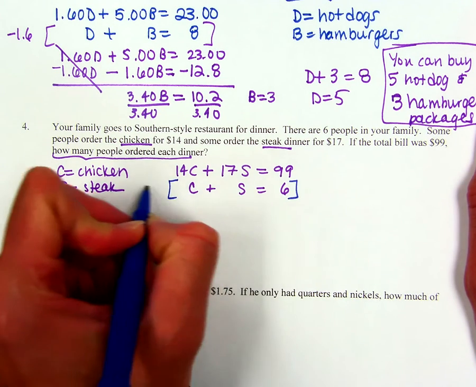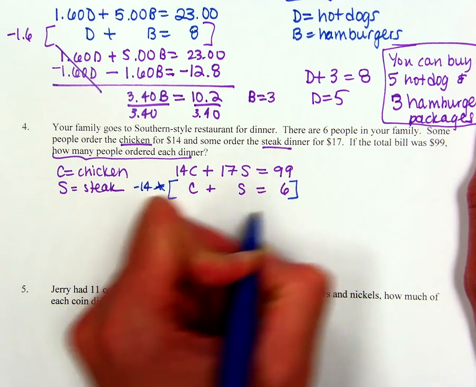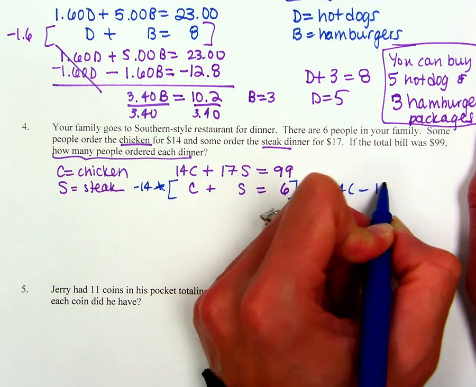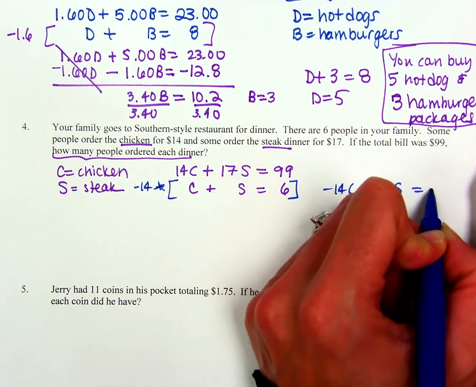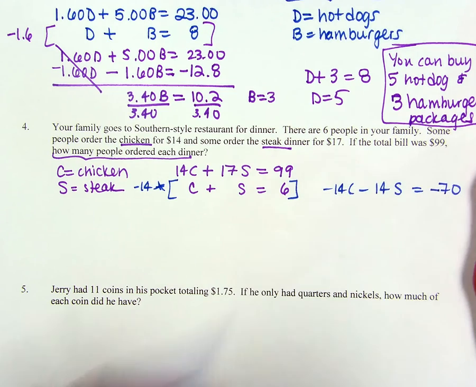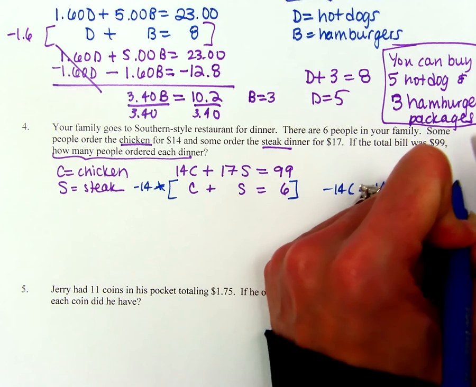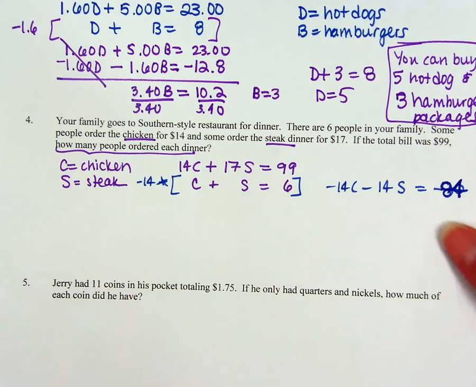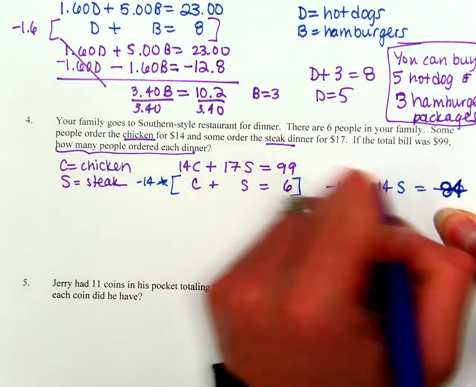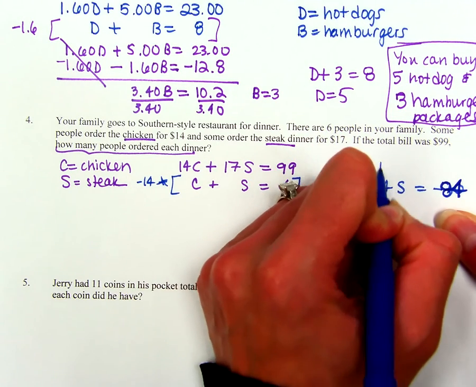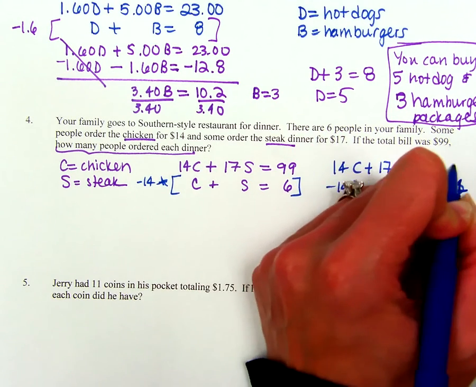All right, I'm going to multiply this one by negative 14, and I get negative 14C minus 14S equals negative 70. No, 84, sorry. Good thing I used a calculator to check. All right, negative 84. So now I've got 14C plus 17S equals 99.